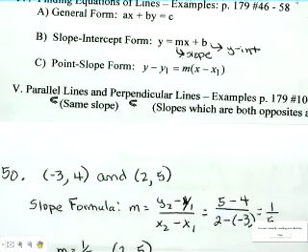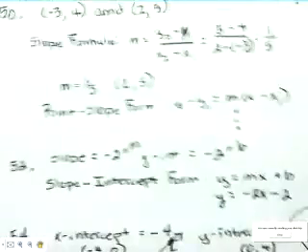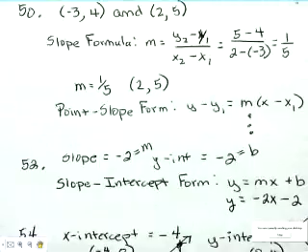So parallel lines are parallel because they have the same slope. If I give you line number 60, it says parallel to y equals negative 3x, and through the point negative 1, 2.